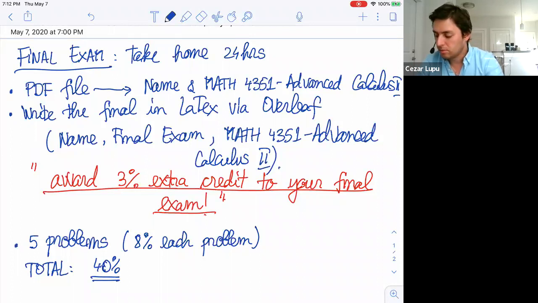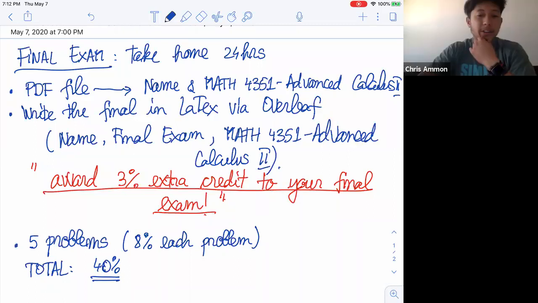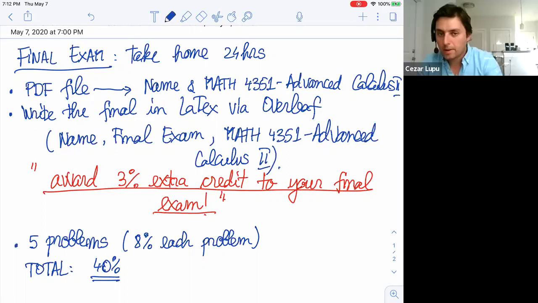So of course I will leave you this option to see your exam and to discuss it. And if we do it in Overleaf, would the comments come in Overleaf instead of Blackboard? Yes, via Overleaf, or you can do it via email. But if you want a discussion, we can discuss this on Zoom.